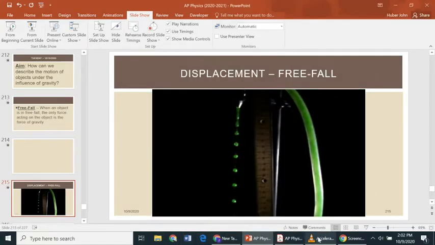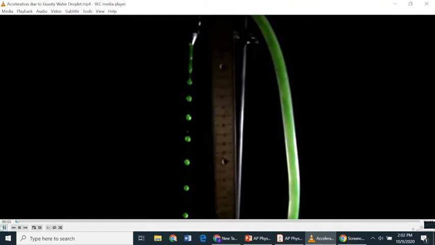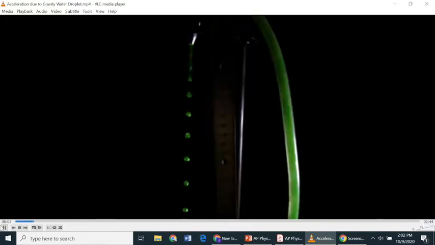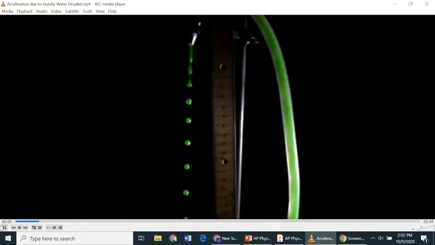And so here we can actually watch this video. There are a couple things I want to say about it. The first thing we can say is this water droplet in this video is not actually moving in slow motion. There is a flashing light called a stroboscope, which is flashing at a certain rate.